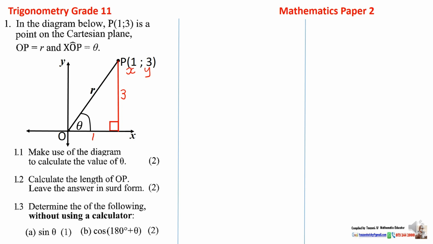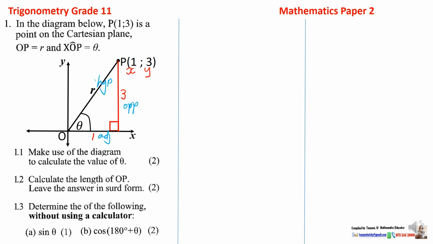So given that we have angle theta, with reference to theta, this side is the adjacent, and we have the opposite, and we have the hypotenuse of the triangle.